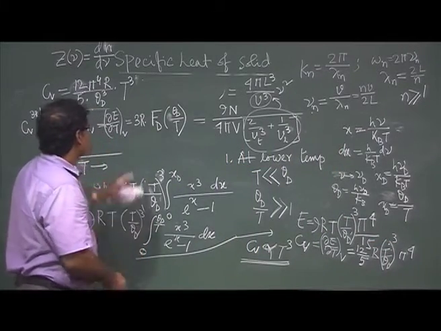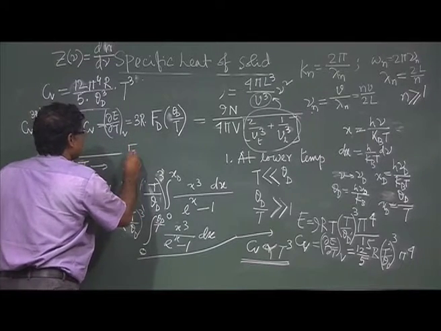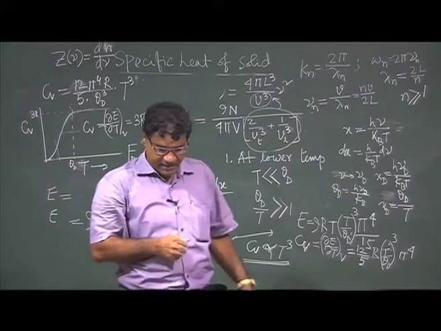So what is the form of this Debye function phi D? Just I will write it.